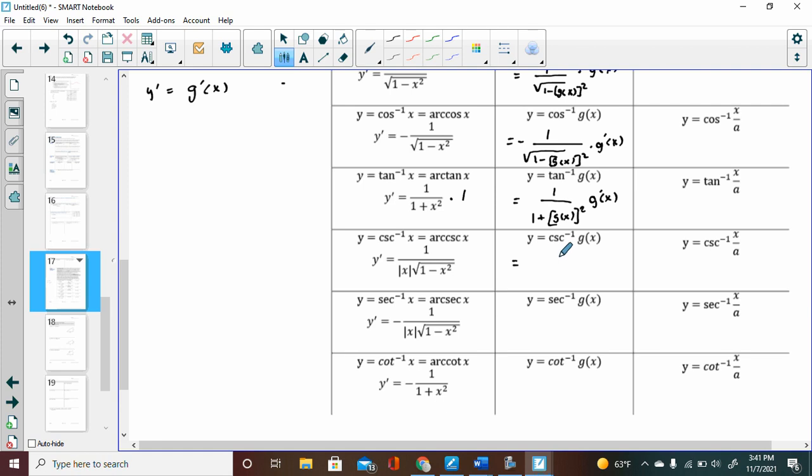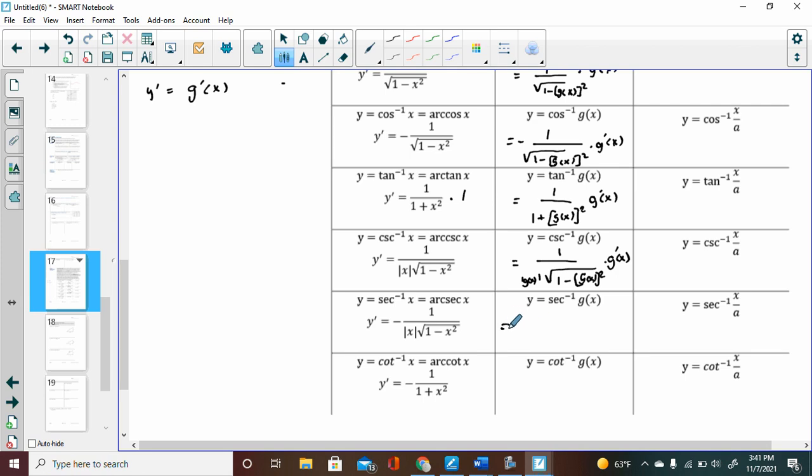This equals 1 over the absolute value. Remember, x will be g of x out here. Square root of 1 minus g of x, and it's squared, and then times g prime of x, of course.